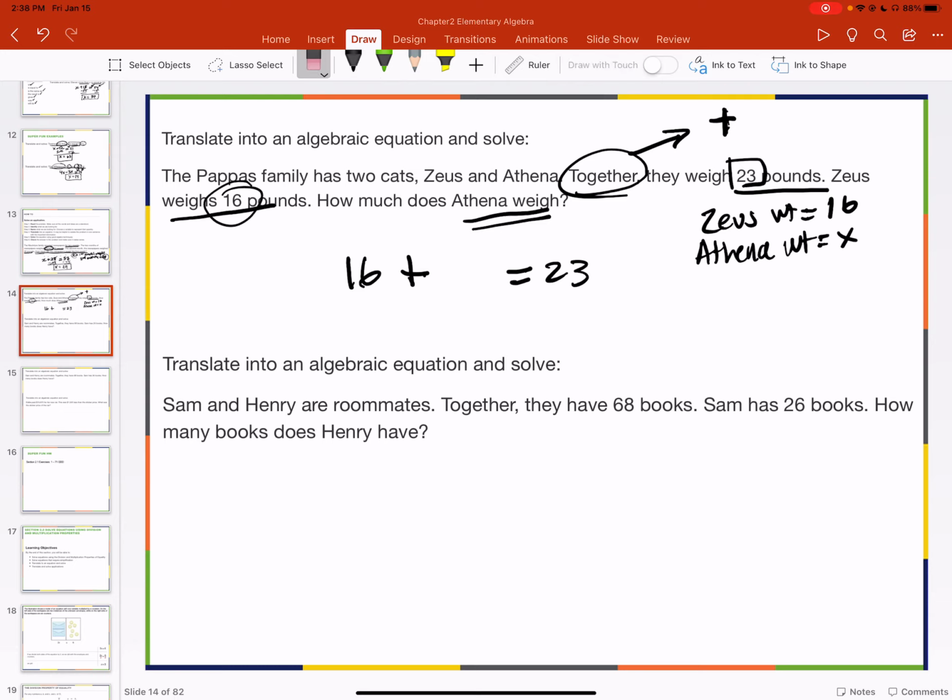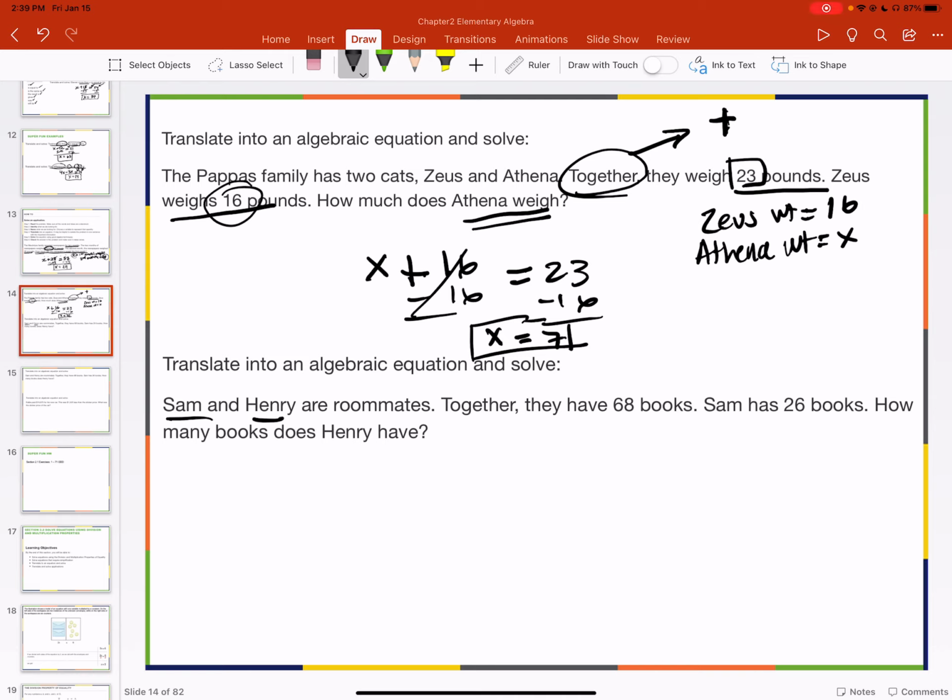So let me go ahead and do that. Sorry. So X plus 16. And then from here, you just subtract, right? Okay, so X, which is Athena's weight, is equal to what? 7. Obviously, she does not weigh very much. Okay, let's do another one.